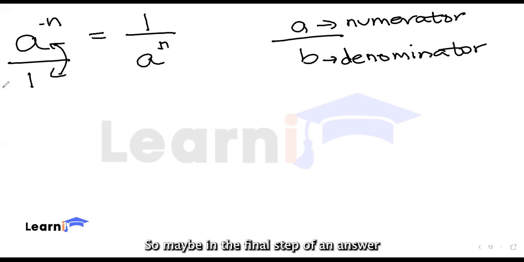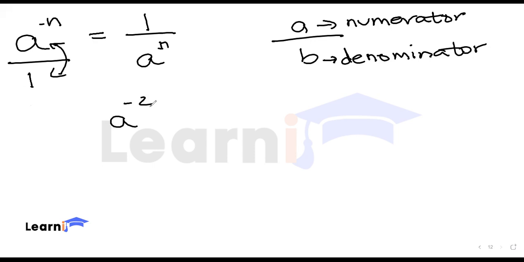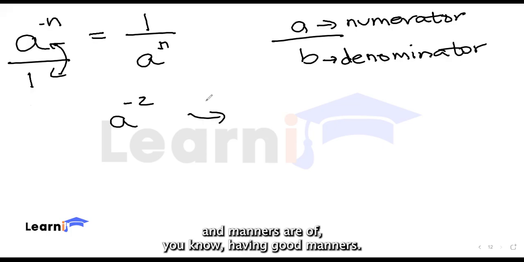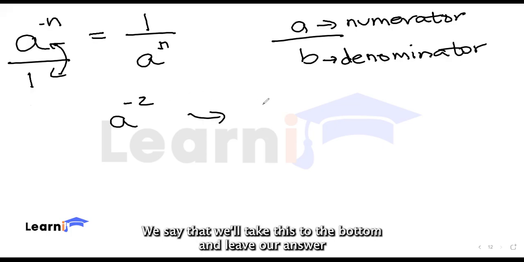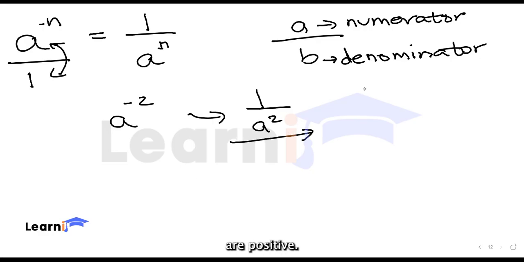So maybe in the final step of an answer, we end up with something as a to the minus 2. That's great, but as mathematical etiquette, out of having good manners, we take this to the bottom and leave our answer as 1 over a squared, because we want to make sure our exponents are positive.